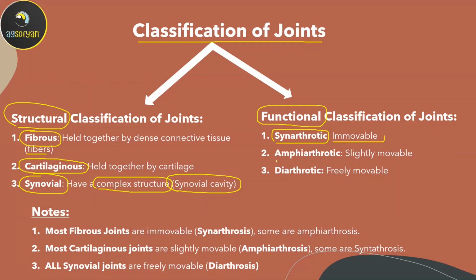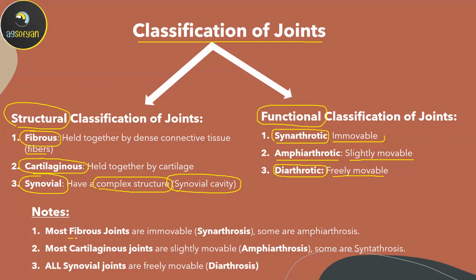The second one is called the amphiarthrosis. This is the type of joint that gives very little movement, a slightly movable joint. And the last one is called the diarthrosis, which is the type of joint that we know that gives free movement. So this is a freely movable type of joint.